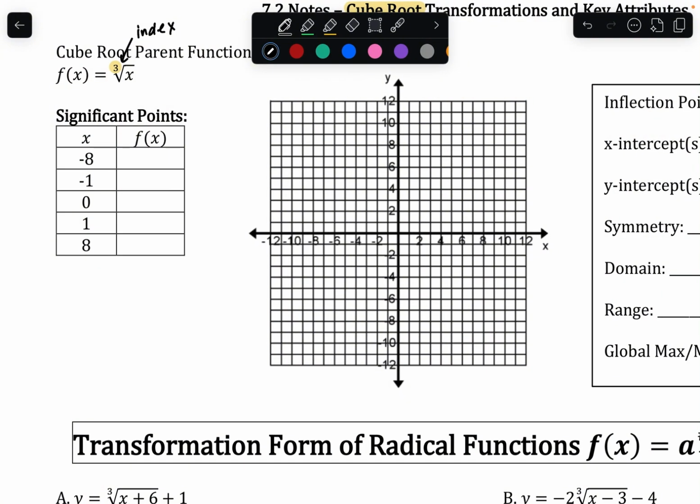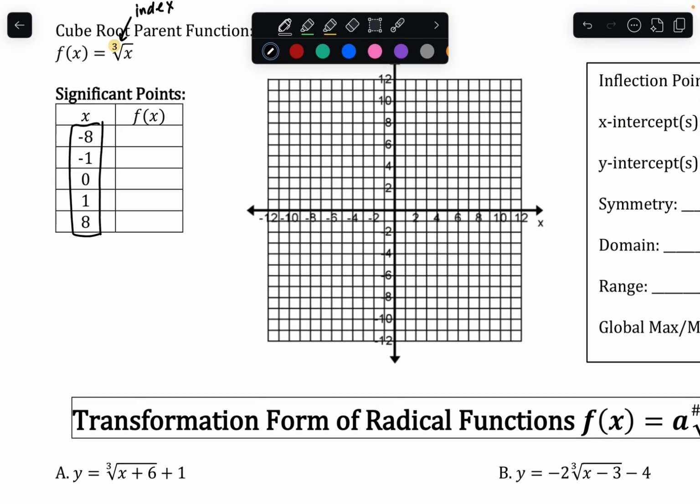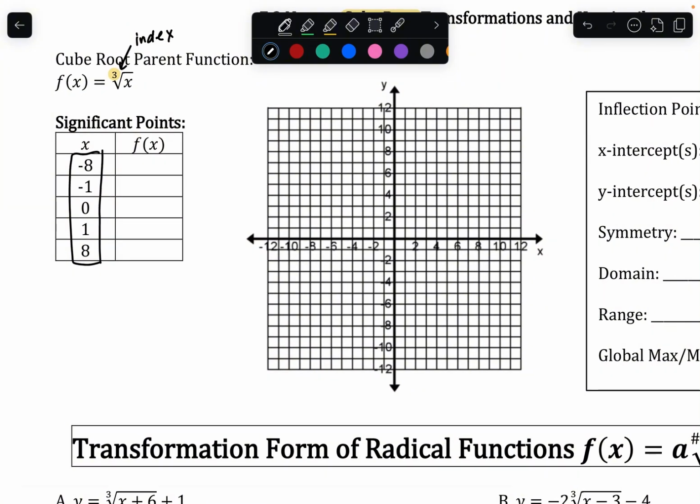And so as we pick some significant points, we are going to want to pick input values that are perfect cubes. And so when I take the cube root of 8, you're asking yourself what number cubed would have given you 8. So because 2 cubed would have given me 8, that means the cube root of 8 is 2.